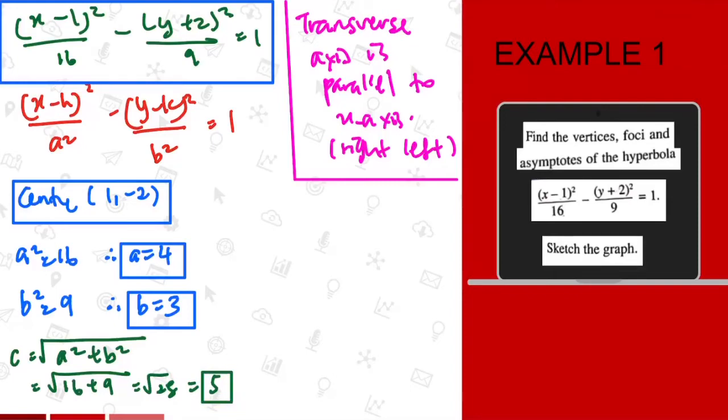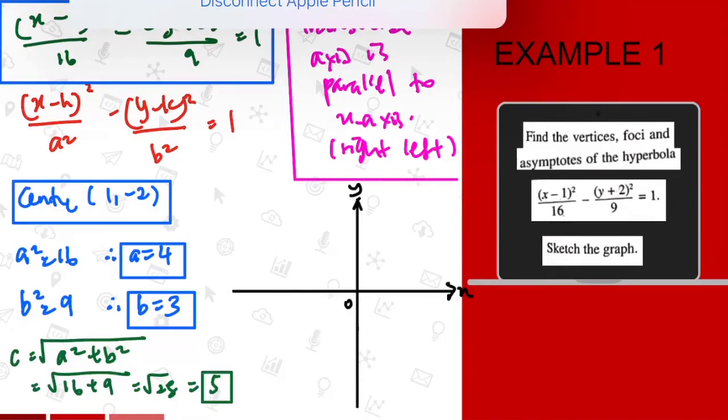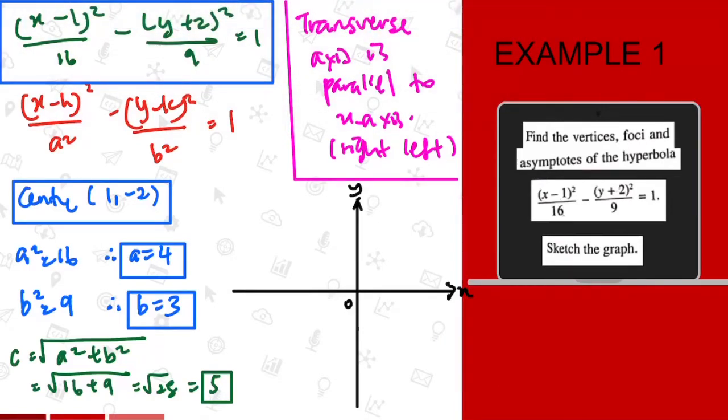So using all of this information, let us now straight away sketch the graph. Let us graph the x-axis, y-axis, and also our origin. Let's fill in our center. Let me use the blue pen here. So the center is (1, -2).